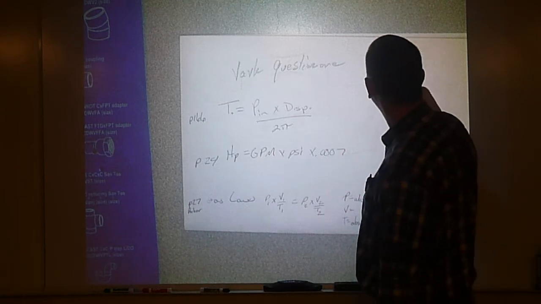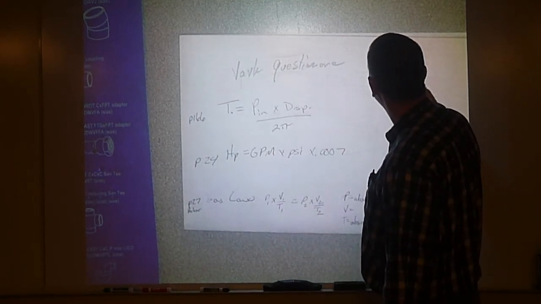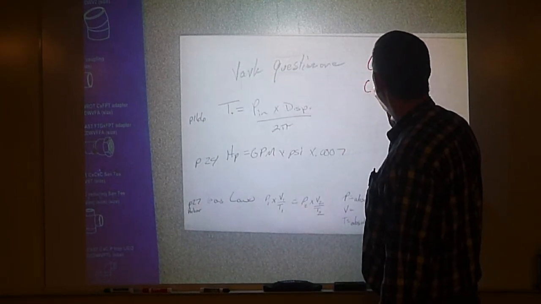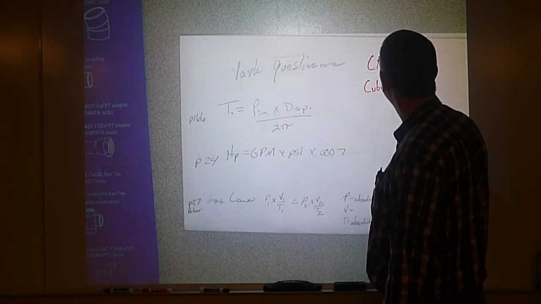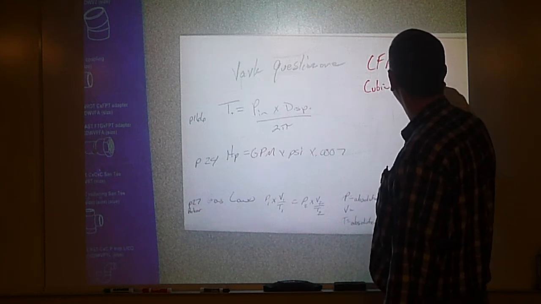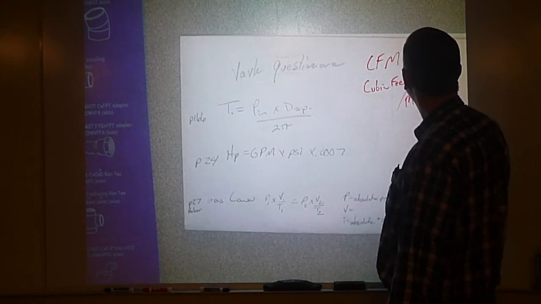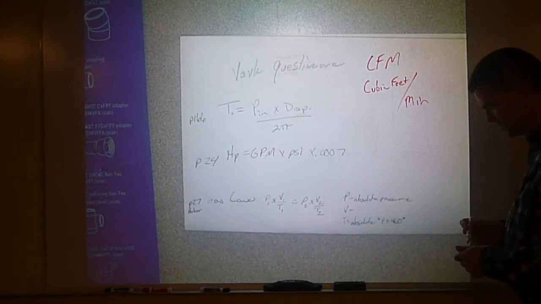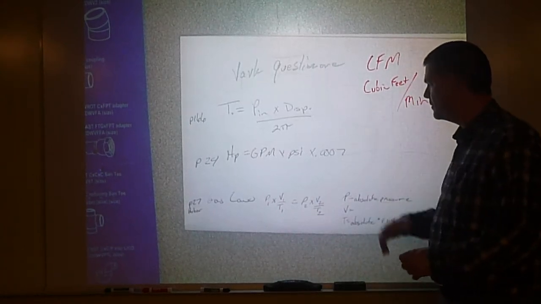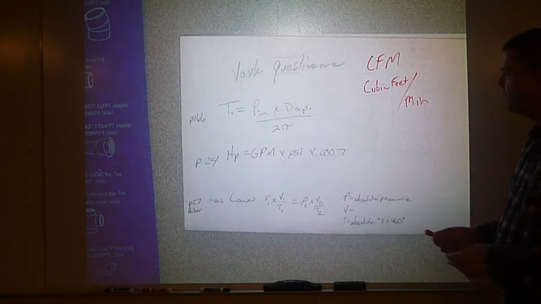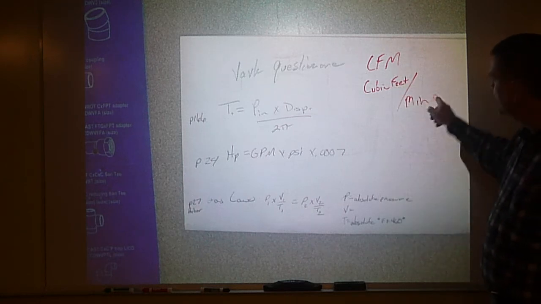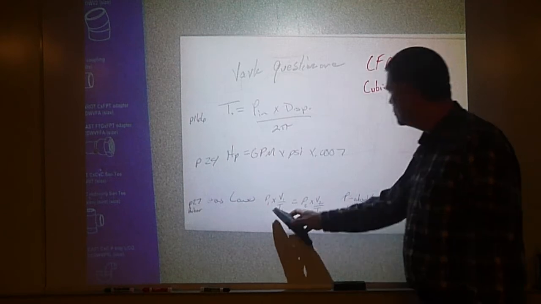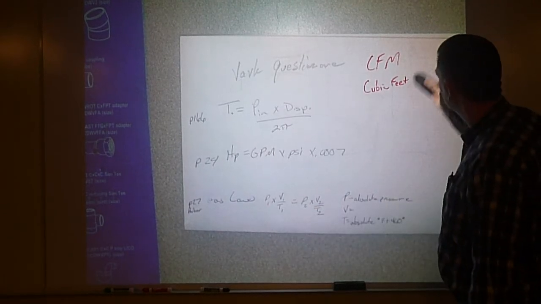So free air delivery is CFM, cubic feet per minute. Cubic feet per minute is a volume over time. The time doesn't change, so that can be wiped out. So this still works for your free air delivery.